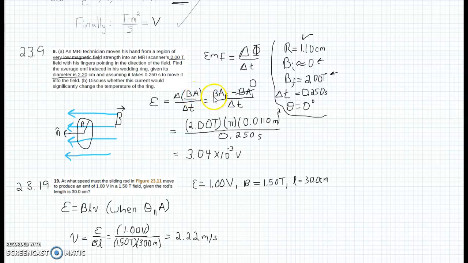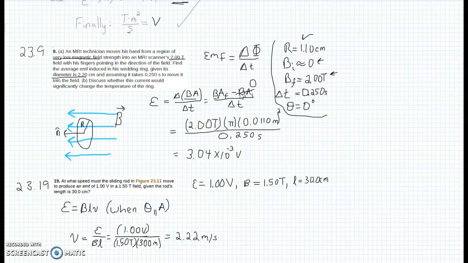So this is just the final magnetic field multiplied by the area final minus the initial magnetic field times the initial area. And it's actually the initial magnetic field being 0 that causes the initial BA to go to 0, because the A doesn't change, right?